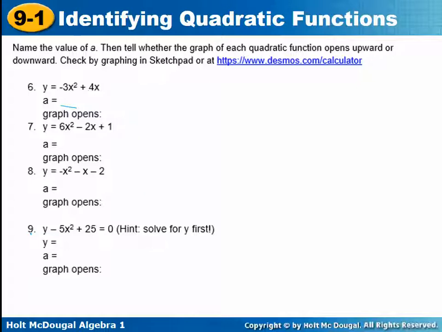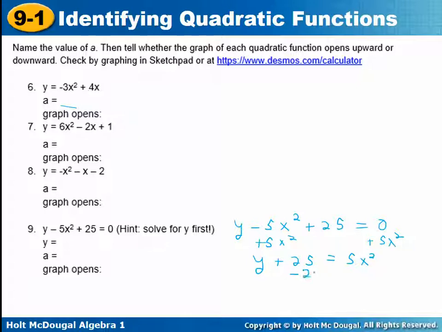But in number 9, this one is not solved for y yet. So for number 9, you would first need to make it so that it's y equals instead of all this other stuff. So how can I move the -5x squared? I could add 5x squared to both sides. Then I would have y, I still have plus 25, equals 5x squared. It's still not y equals.